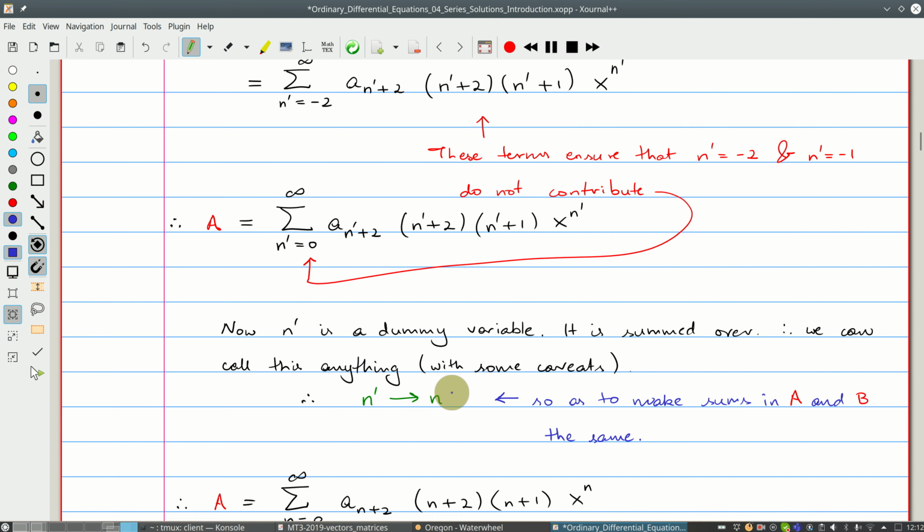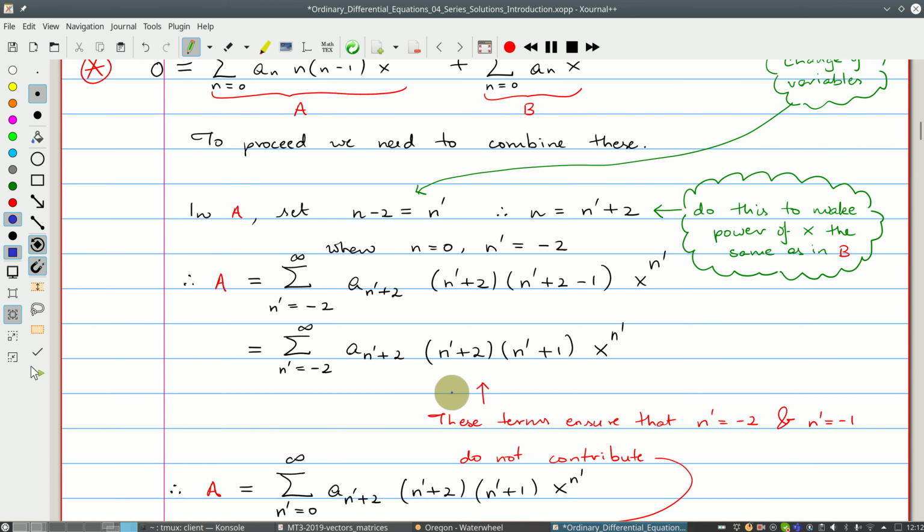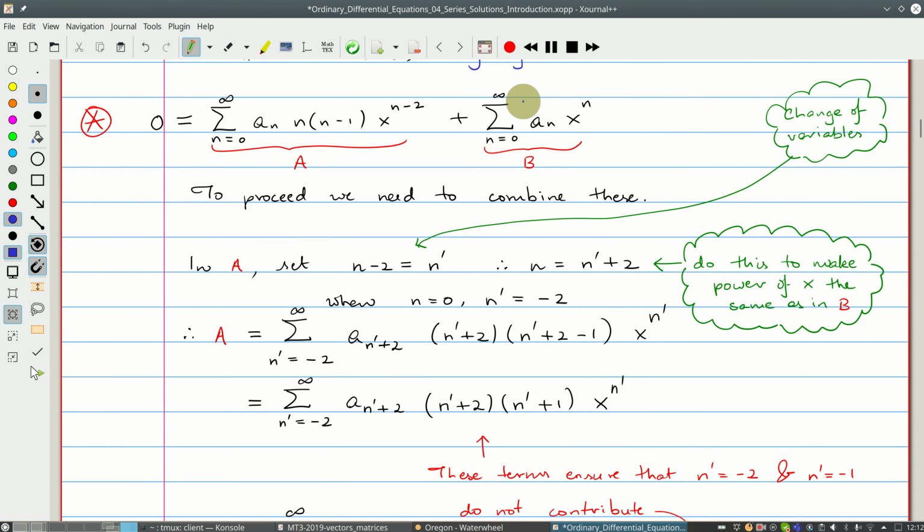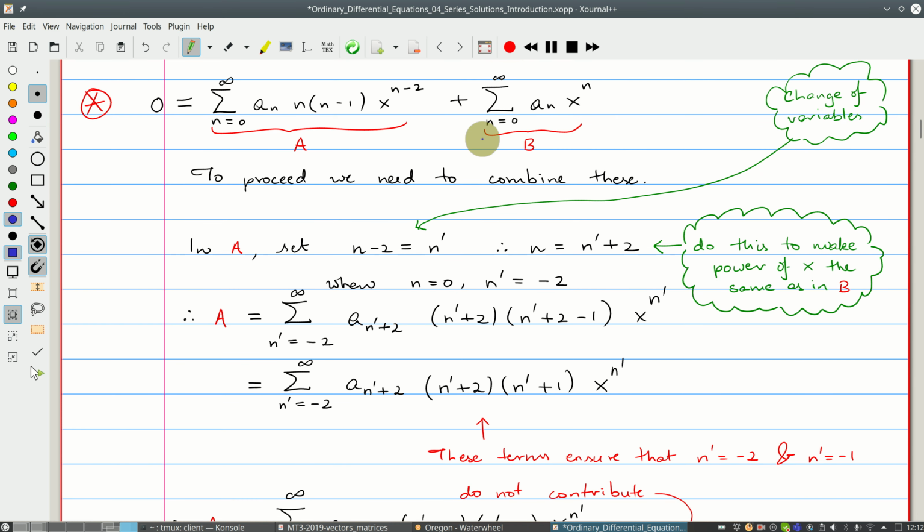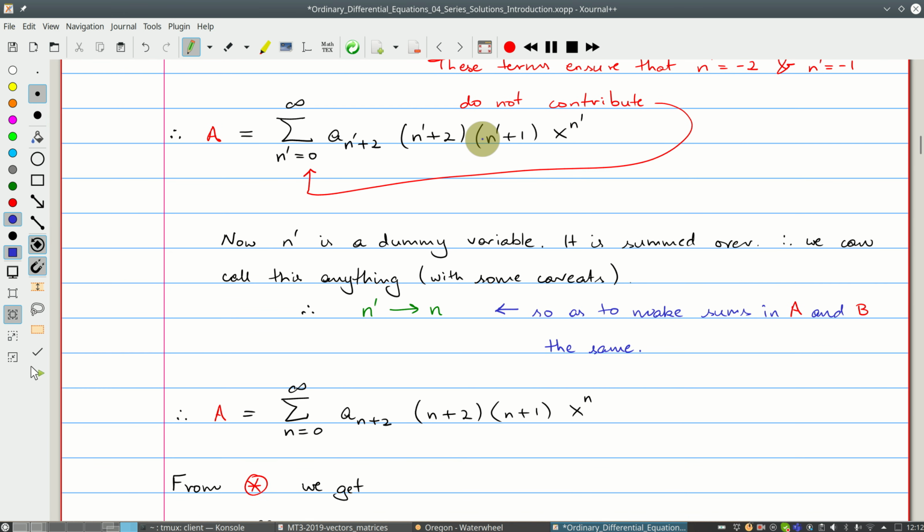And what this lets us do is formally then both A and B, here's B, will be sums over n. So in our last step, we have A is equal to the sum over n goes from 0 to infinity, a of n plus 2 times n plus 2, n plus 1, x to the n.